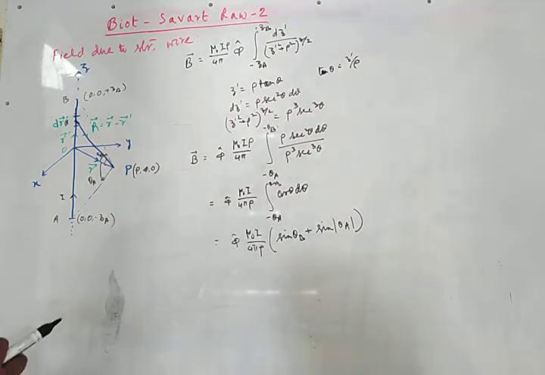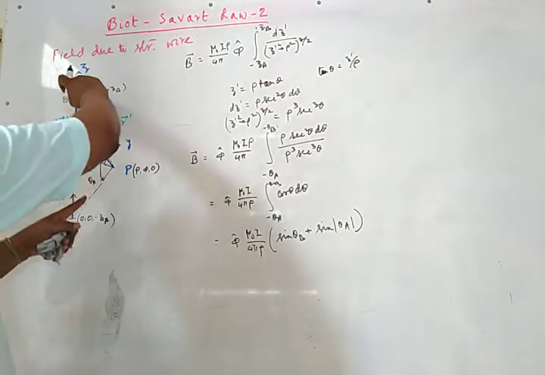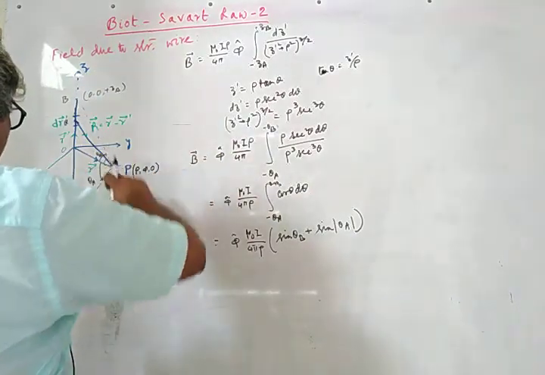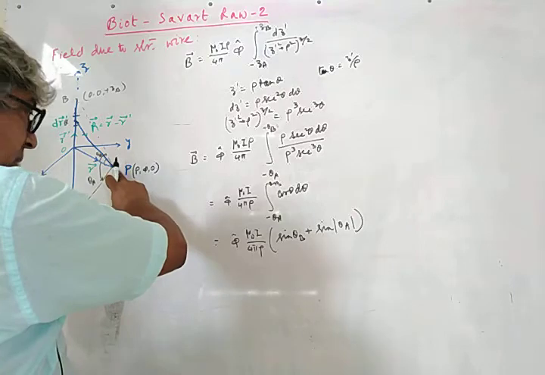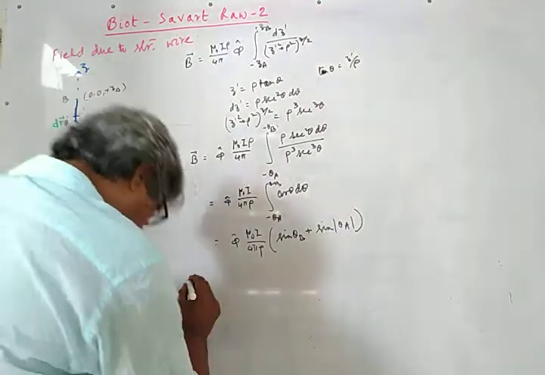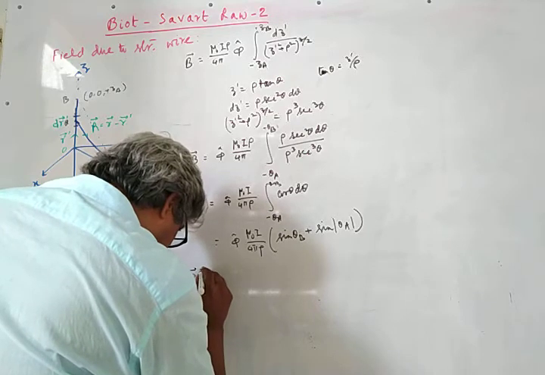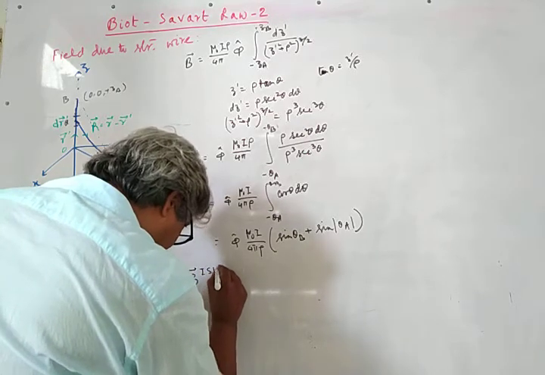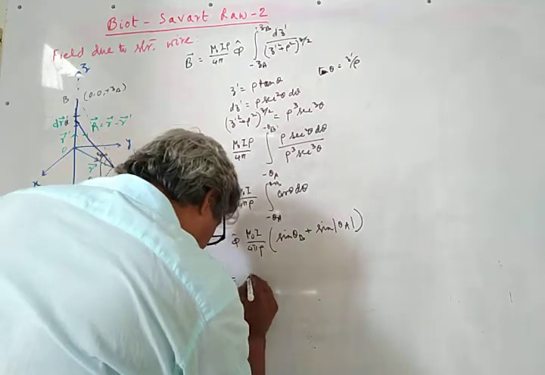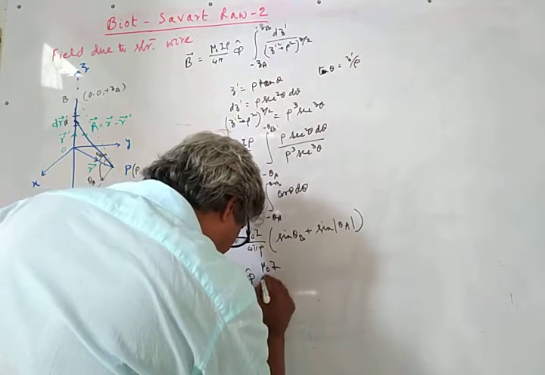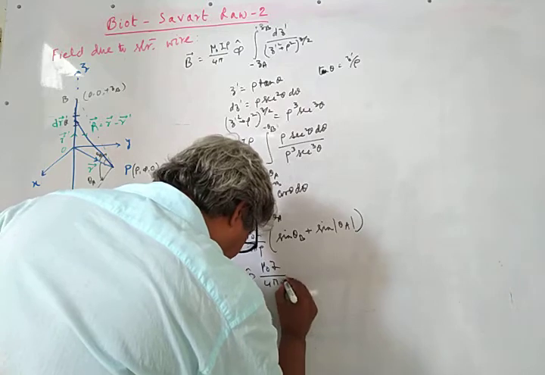If we have a conductor of infinite length, then this theta b tends to pi by 2, and theta a tends to minus pi by 2. So B for an infinite wire comes out to be mu 0 I upon 4 pi rho.